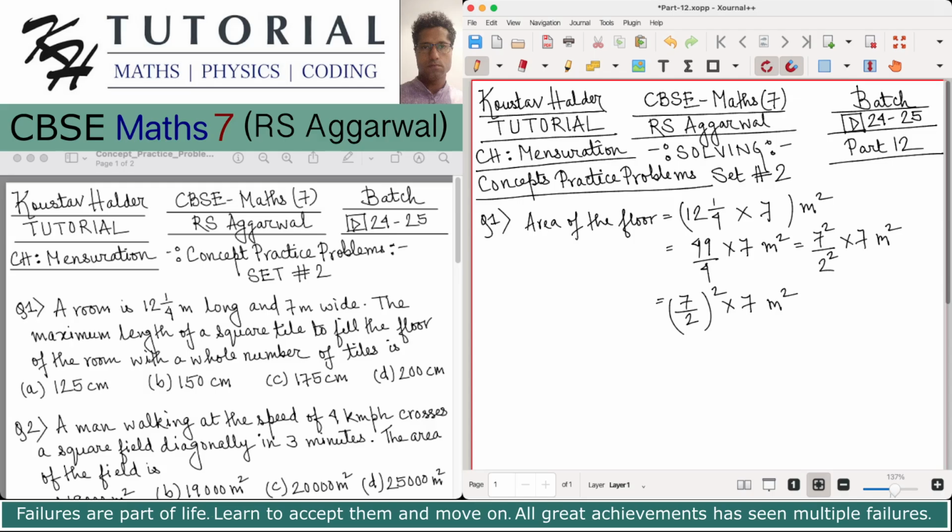So we can see that if the length of the square tile is 7 by 2 meter, then its area will be 7 by 2 whole square. So we can have seven such square tiles, where the length of each square tile is 7 by 2 meter, could be one possible solution.